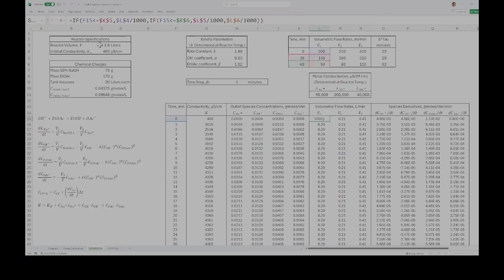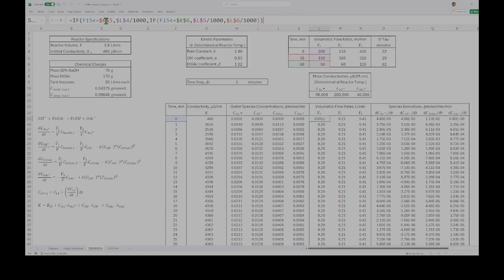The way it works is that for the volumetric flow rate, if the time, which is F15, is less than 30 minutes, K5, then the flow rate for sodium hydroxide is going to be equal to that first value of V.1, and I'm going to divide it by 1,000 to get it into liters.